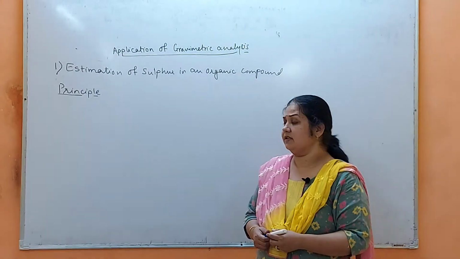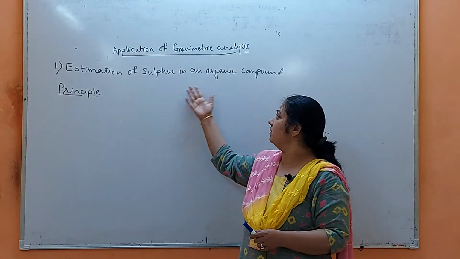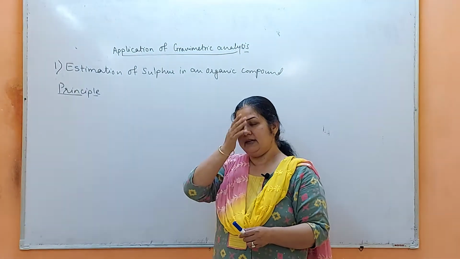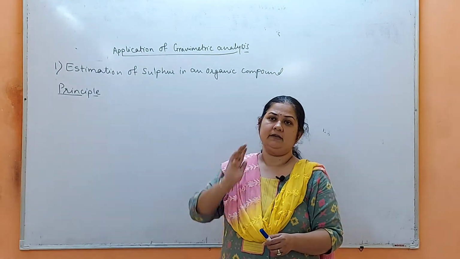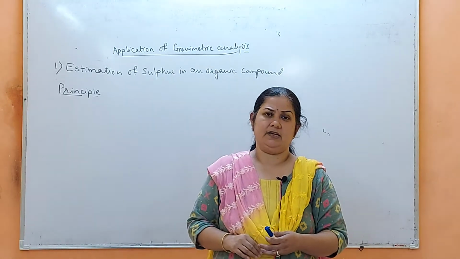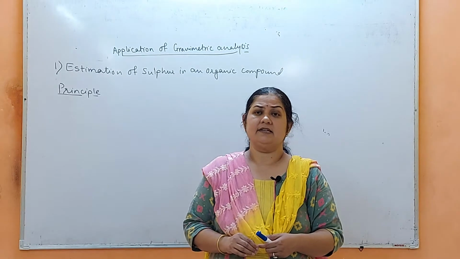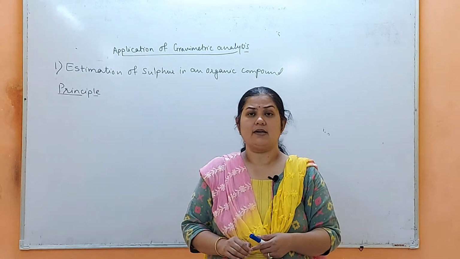Now the procedure: a known quantity of organic compound containing sulfur is taken in a Carius tube, and fuming HNO3 is added, and this is then heated continuously for 2 hours.